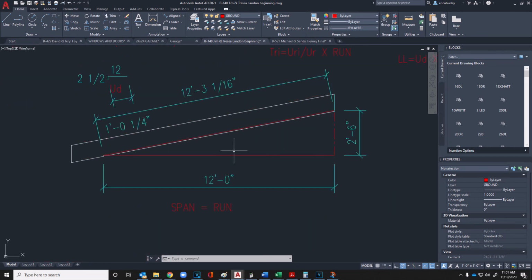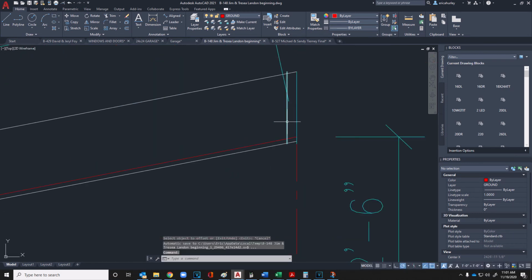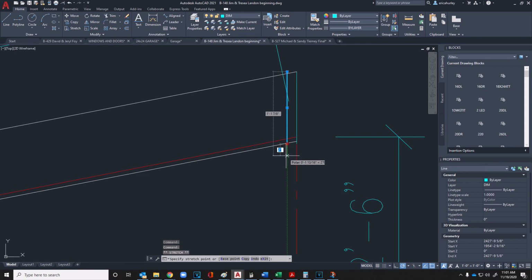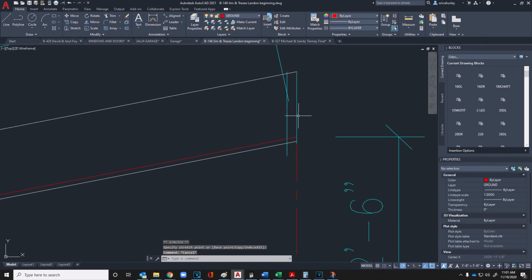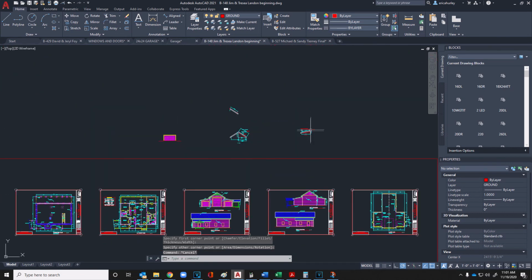All right, let's go back to here. We're not done yet. In this case, there is actually going to be a nailer here, and this nailer is going to be a total of 1.5 inches. So this piece of wood is going to be nailed up on the side of this wall.